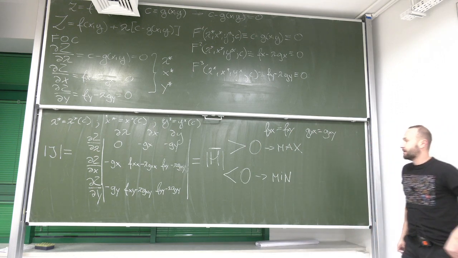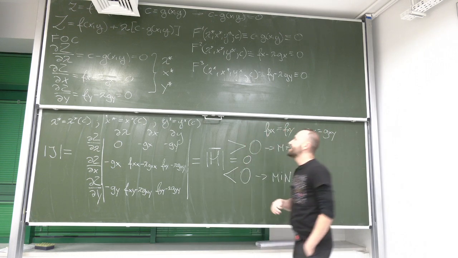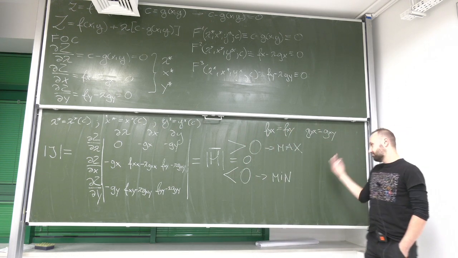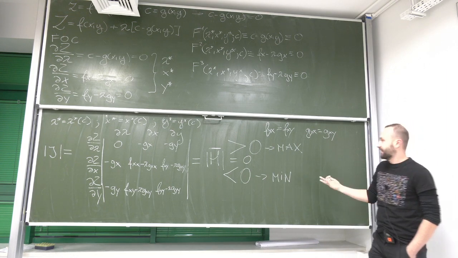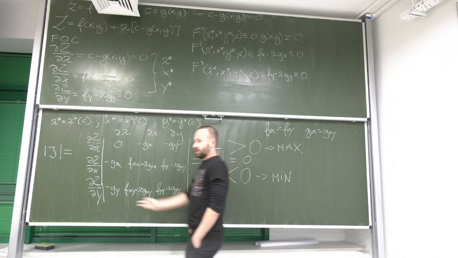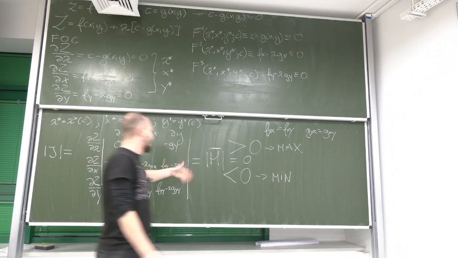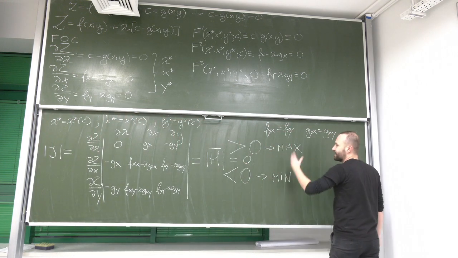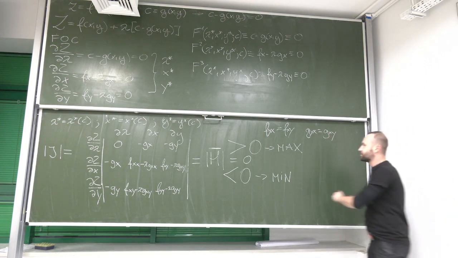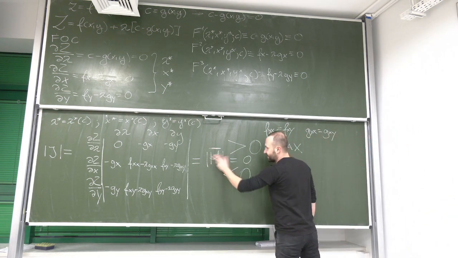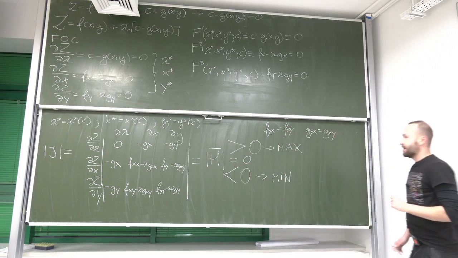Now, when the Hessian is equal to 0, what we have is a problem, because we usually don't know what is happening. It could be a maximum, it could be a minimum, or it could be nothing. We discussed the different cases where it might happen. However, we can be 100% sure that this is a maximum if this is positive, or a minimum if the bordered Hessian is negative.